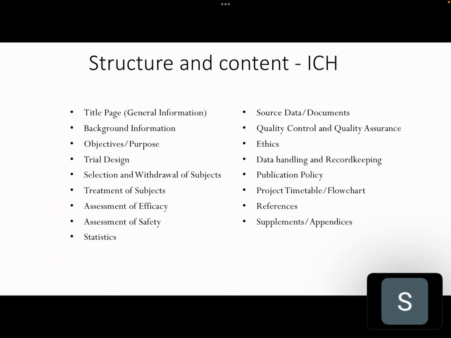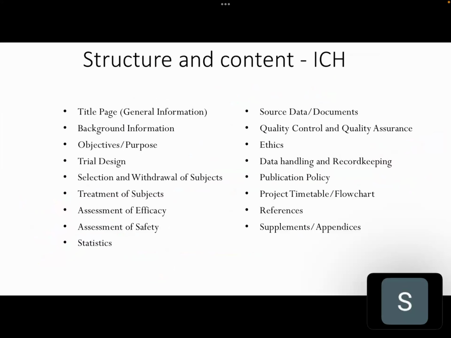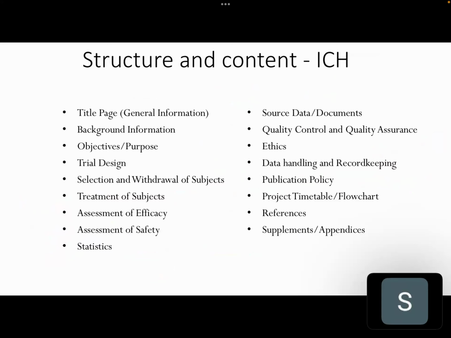Now, as per ICH, what are the minimum sections of a protocol? Title page, non-negotiable. Most clinical trial documents will have a title page. Background information, objectives, trial design, when a patient can withdraw, treatment of subject. See, look at this.